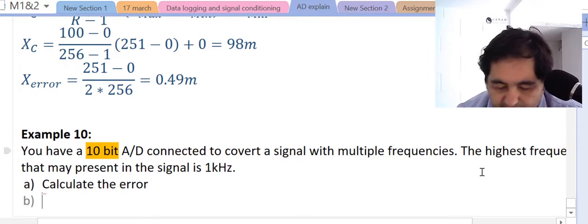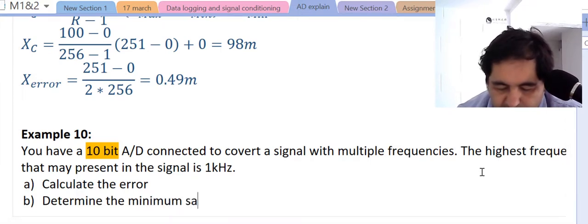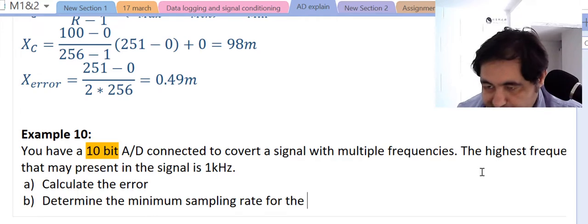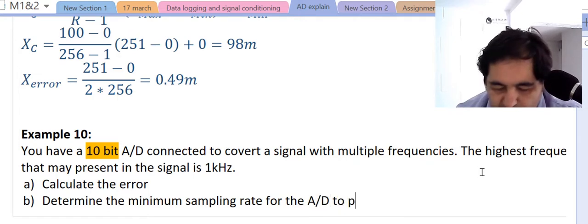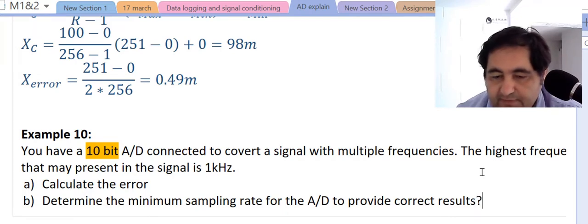B: determine the minimum sampling rate for the A to D to provide correct results. So basically we have these questions that we want to work out.